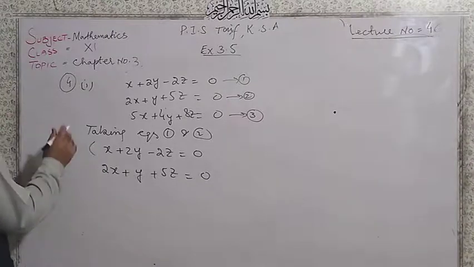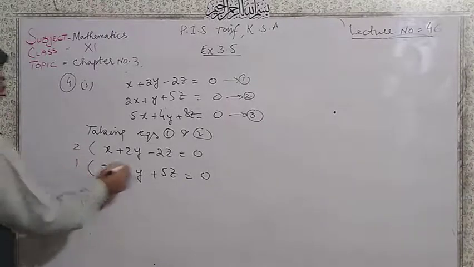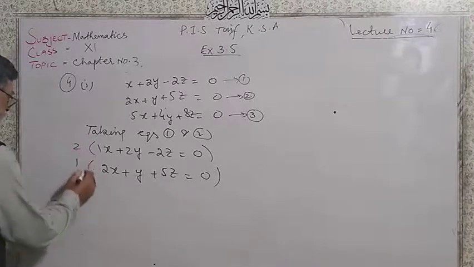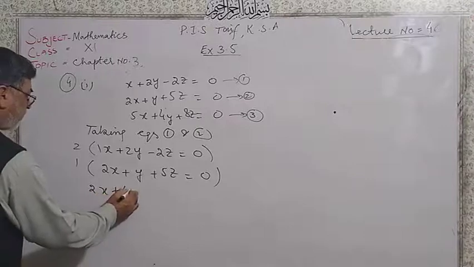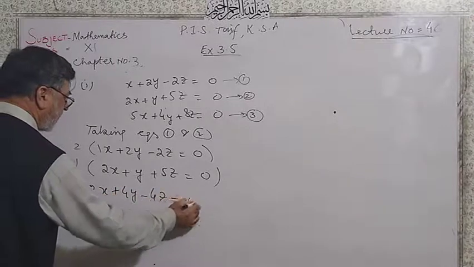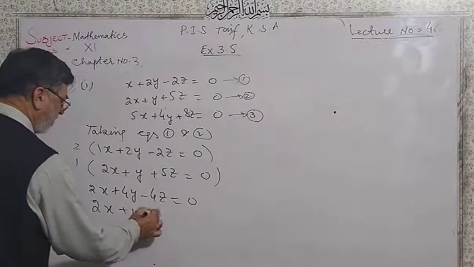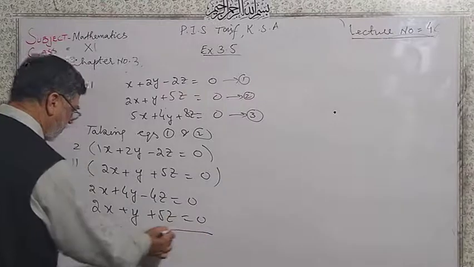Now I am making the coefficient of x equal. Here we multiply the first equation by 2 and the second by 1. Actually, this is a cross multiplication. And now we have 2x plus 4y minus 4z is equal to 0 and 2x plus y plus 5z is equal to 0.